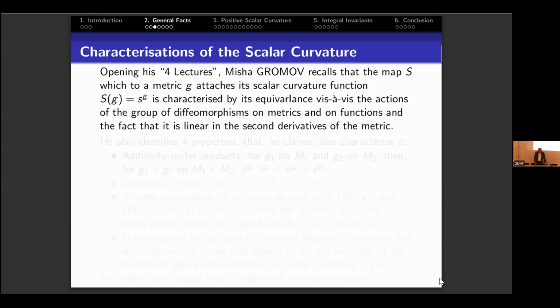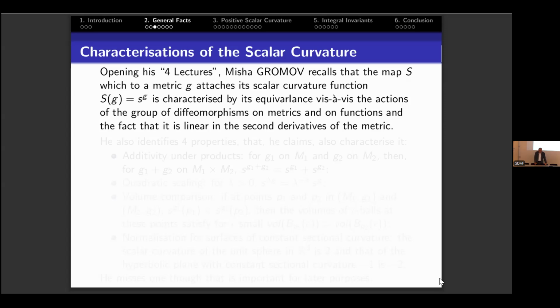So here is what Gromov proposes as what should be the characterization of scalar curvature. So it is a quantity which is equivariant if you let the group of diffeomorphisms act on functions and on metrics. So the scalar curvature of the image of a metric by a diffeomorphism is the scalar curvature of the initial metric composed with the diffeomorphism. That's the equivariance. That's one.